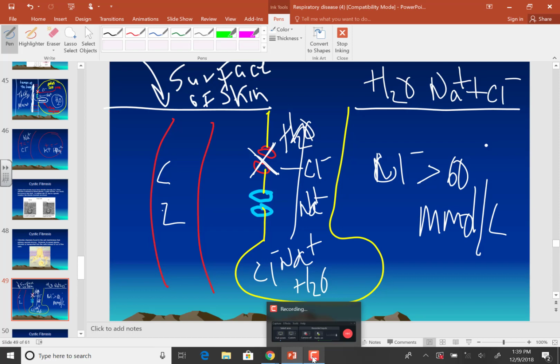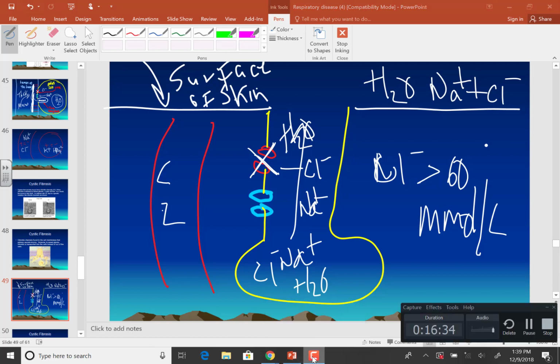And as we learned, the vas deferens is the tube that takes the sperm from the testes into the ejaculatory duct. So if you don't have any way of transporting the sperm to the ejaculatory duct, you can't get anybody pregnant. And that's why males are usually infertile. They produce the sperm, they just can't get it to where it needs to go.